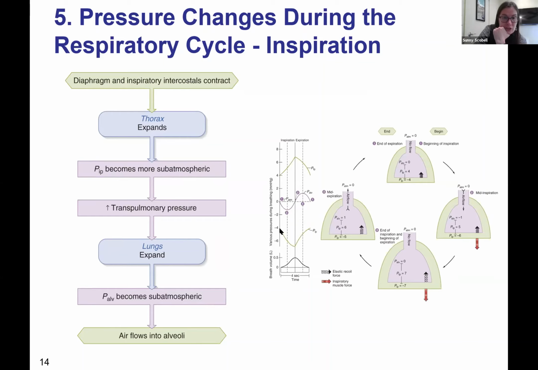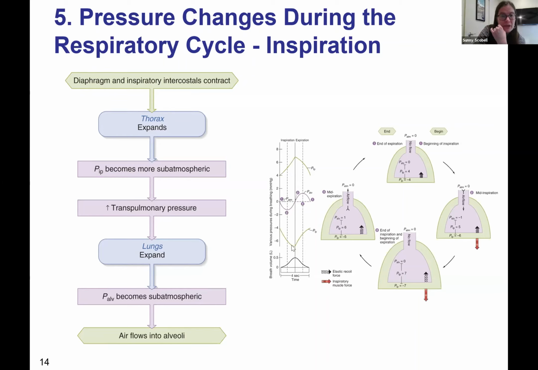Here is the pressure in the various areas, okay? So you've got your P alveoli here, you've got your PIP here, you've got your PTP here. So I think it makes sense that we're making that PIP more negative as we breathe in, and then that's helping us bring our air into the lung. This is the part that kind of gets people, is the transmural pressure.